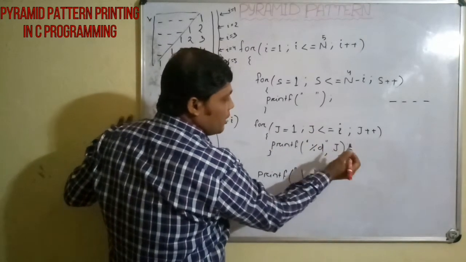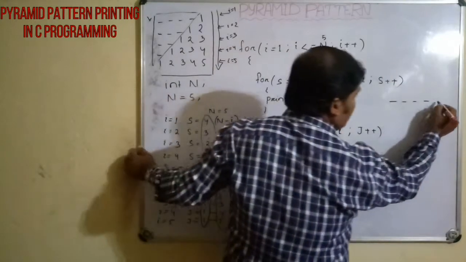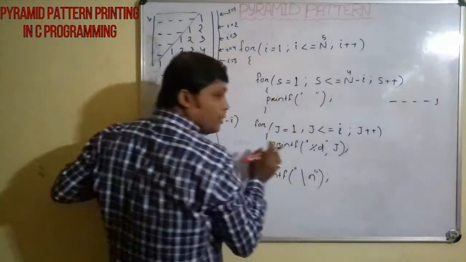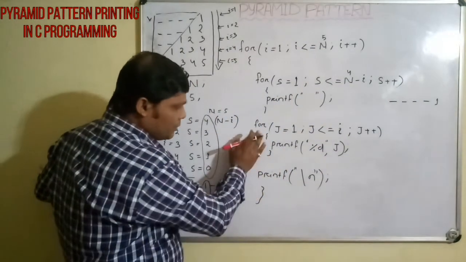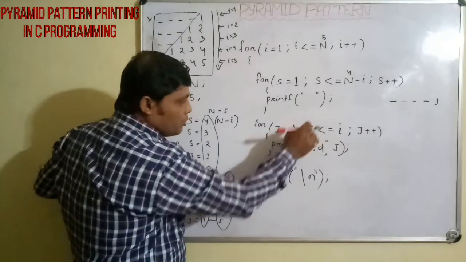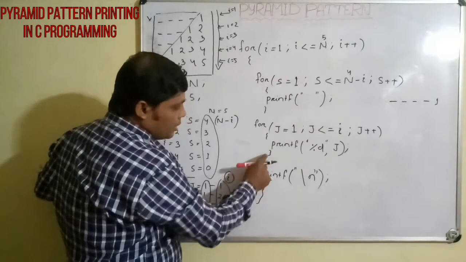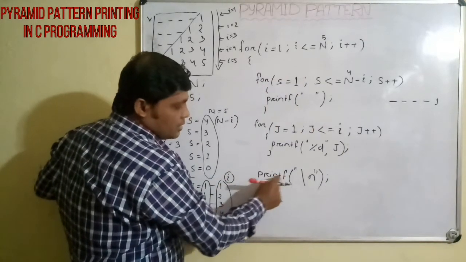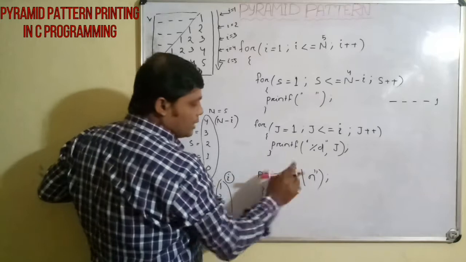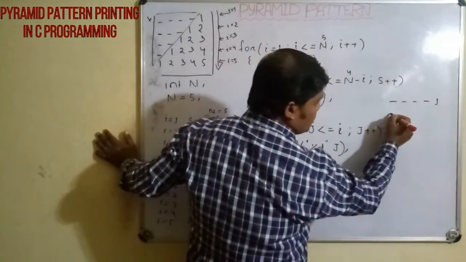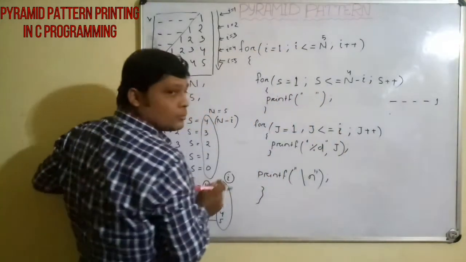The j value, nothing but 1. So it will print 1. Clear? Understood? After when j value will be 2, it will go out of this loop. Because i value is 1 the first time, then this statement will execute. This is printf backslash n. So it will go to the next line. So the processor will come to the next line.